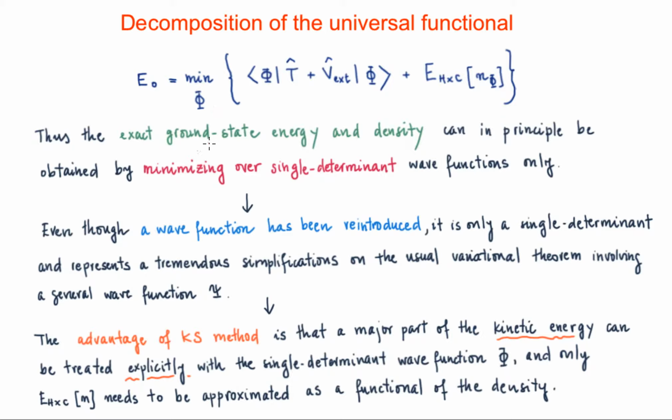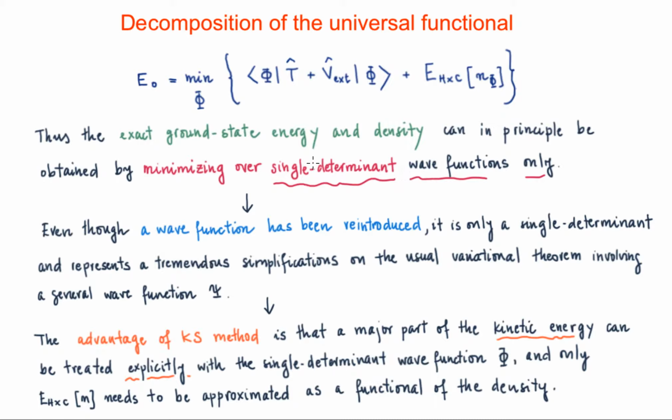Thus, the exact ground state energy and density can in principle be obtained by minimizing over single determinant, that is Slater determinant, wave functions only. Okay, so that's in principle strange. So this is the strange part.